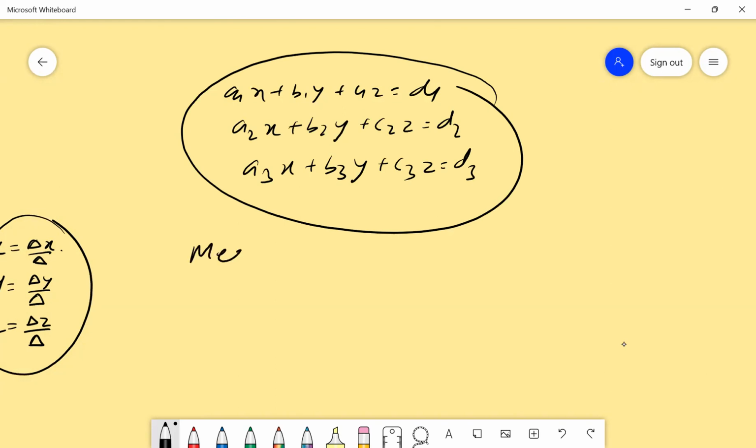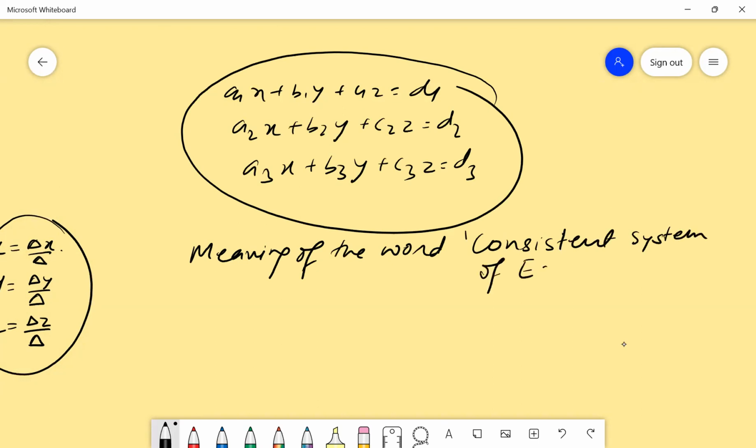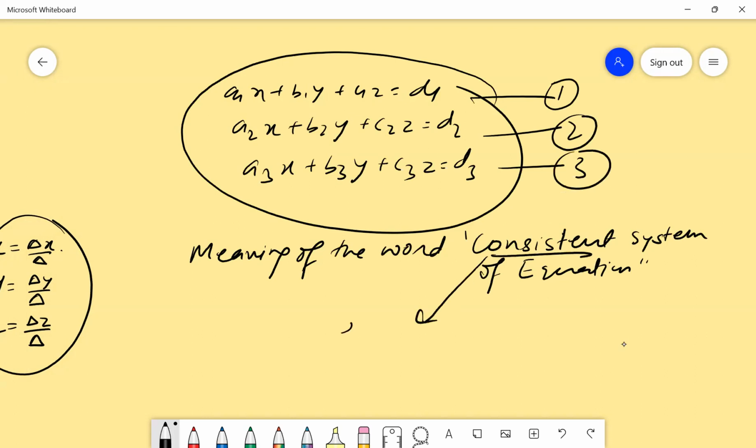Now, the meaning of the word consistent system of equations: these three equations will have some solution.